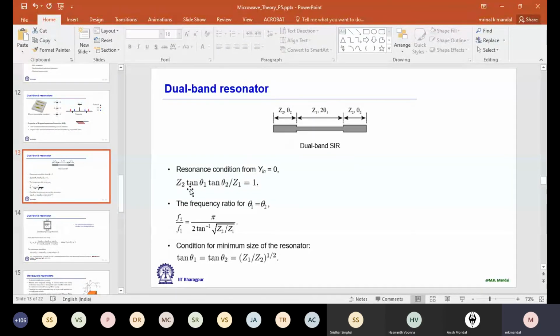It simplifies to this expression: z2 tan theta 1 tan theta 2 divided by z1 equals 1. All the combinations of z1, z2 and theta 1, theta 2 which satisfy this equation are the points where we have resonances. Now we can do a little simplification. If I put theta 1 equal to theta 2, then the above expression simplifies to this: f2 by f1 is represented by the ratio pi by twice tan inverse square root of z2 by z1.